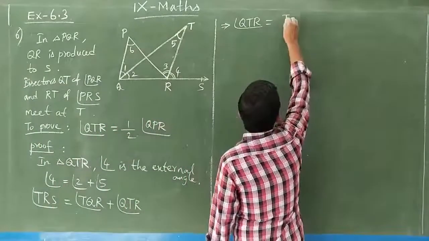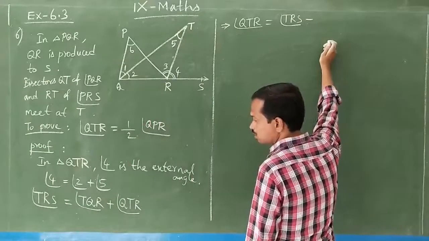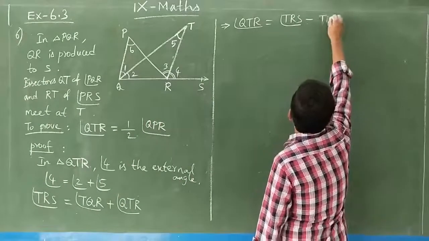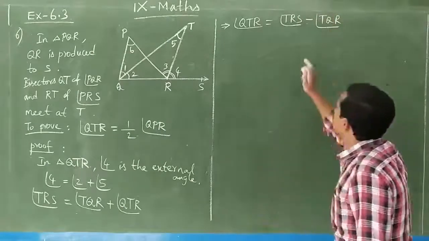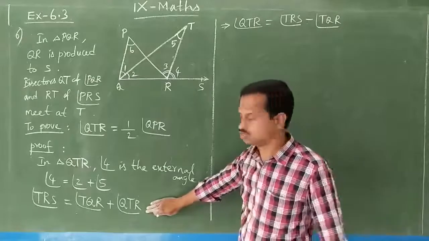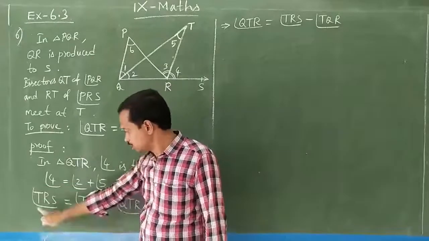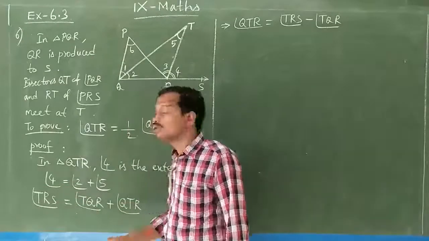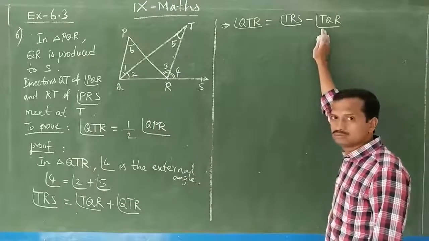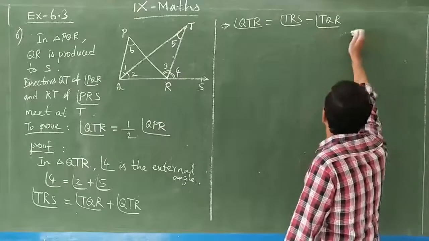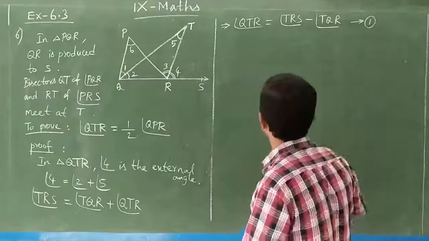QTR I am keeping on one side. If you transpose TQR to that side, TRS minus TQR will come. Is it clear? So you keep this as equation 1. And you will see how we are going to apply this equation.